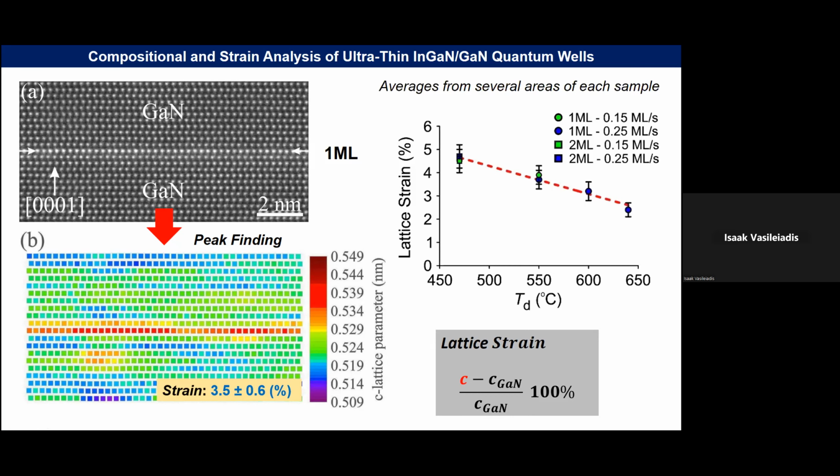By employing this technique in multiple areas, we can find the average strain of the samples. You can see here cases for 1 and 2 monolayers, and I want you to keep it in mind, and see how we can now translate these lattice strain values to composition.